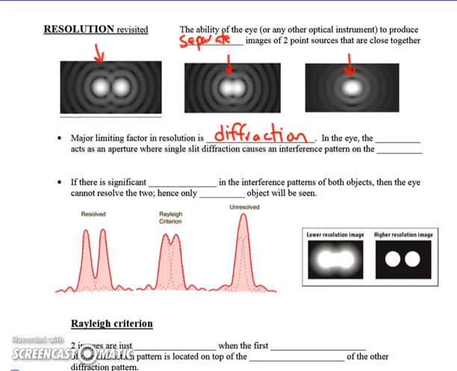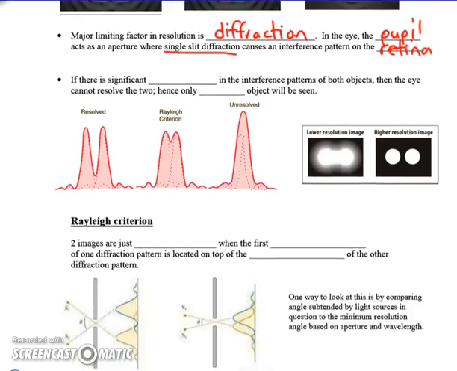Okay, so let's take the eye. The eye is an aperture. More specifically, the pupil of the eye acts as an aperture, and so when light passes through it, single-slit diffraction can occur, and we can form an interference pattern on the retina. Now let's say we have two sources of light shining in our eye.